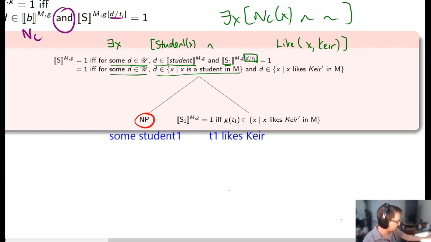So when we spell it out, we get for some D in our universe, D is in the set of x such that x is a student, and D is in the set of x such that x likes Kier. So in other words, here we would have the binding happening between the student being x and the student being the person liking Kier. And because we're looking at the existential some student, we're using the existential exists x.